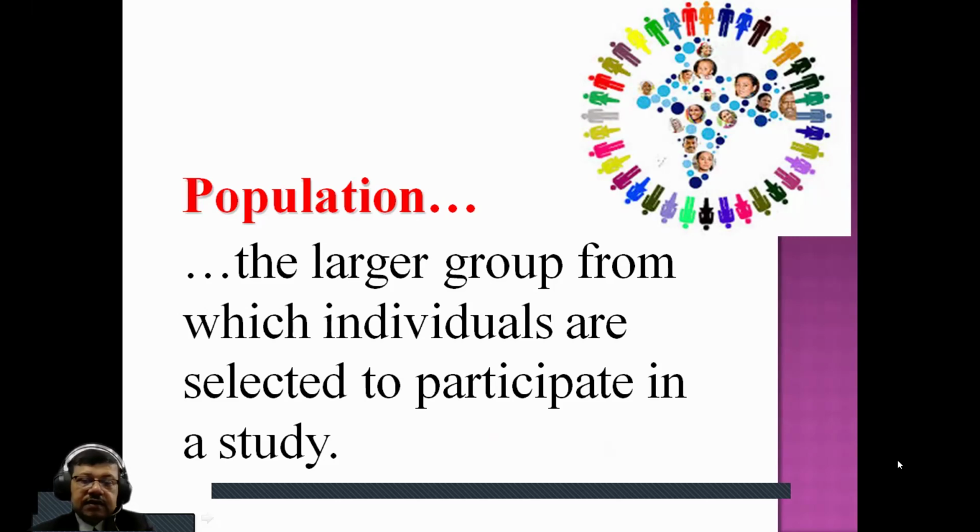It is very difficult from human resource point of view and monetary resource point of view. So that is why we only select a true representation of this 2 crore population that is required for our study.